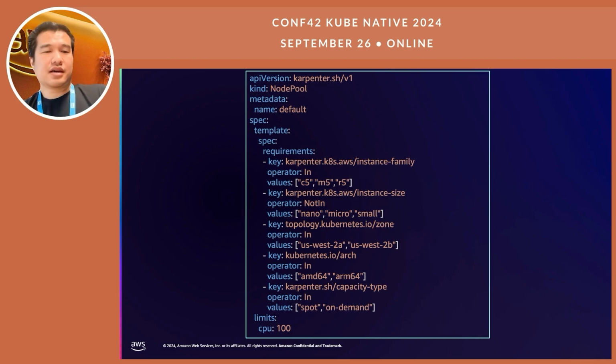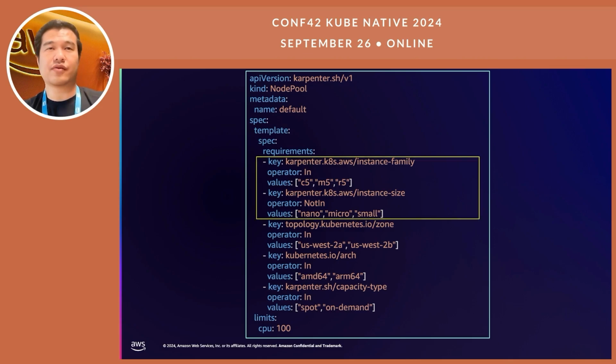So here is the configuration that I mentioned, where you can configure the node pool for Karpenter, how it will behave in your cluster. You can have multiple node pools as well, depending on the situation. Here we can choose from different types of instance.